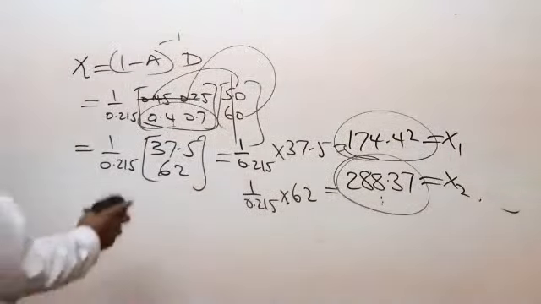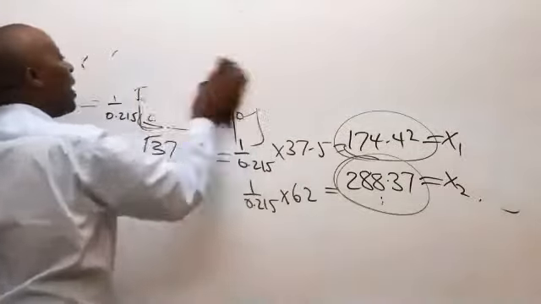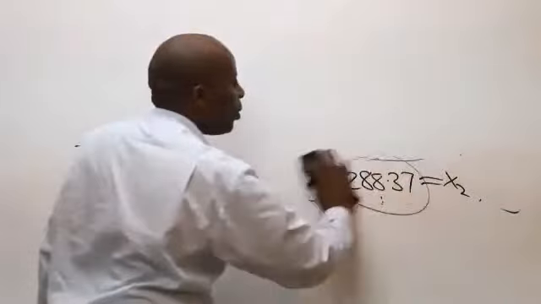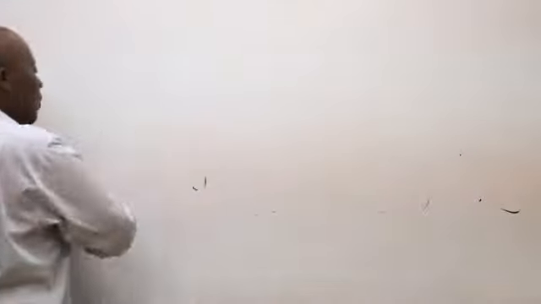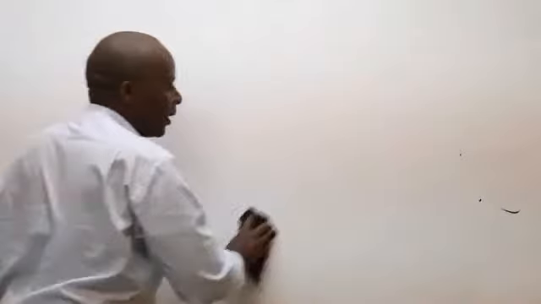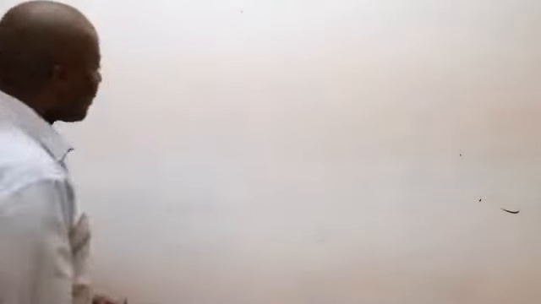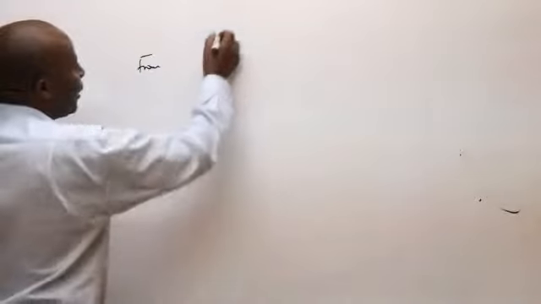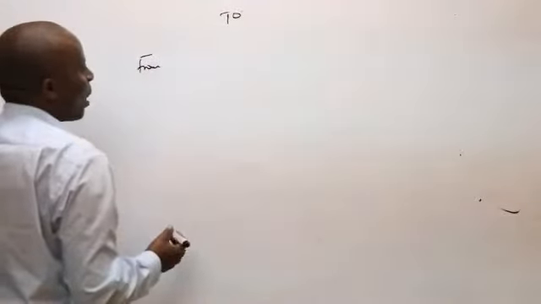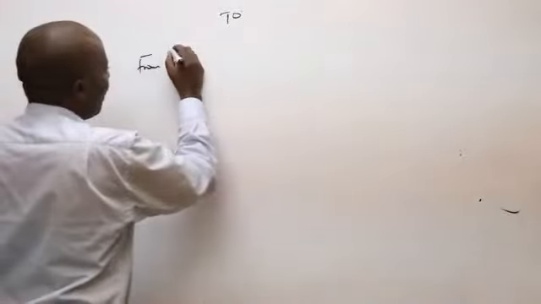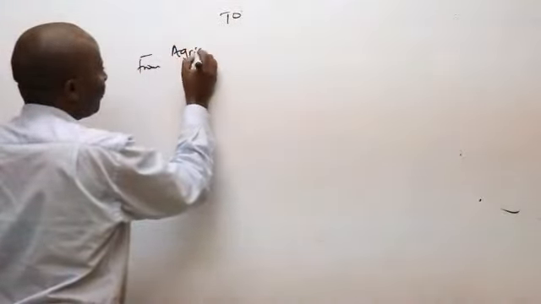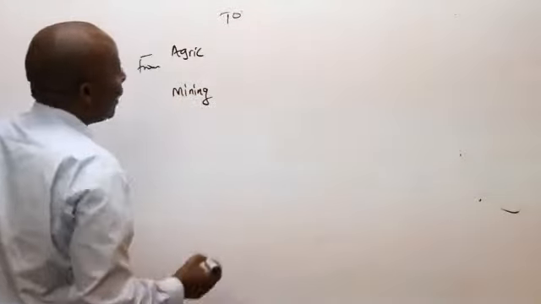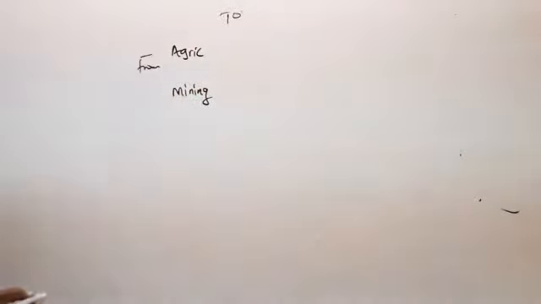Now, ladies and gentlemen, listen. Your examiner will never give it to you directly like that. What your examiner will do is come and give you this kind of question. He'll tell you, we have here from, and we have two sectors: agriculture and mining.